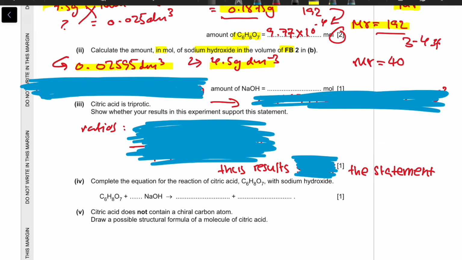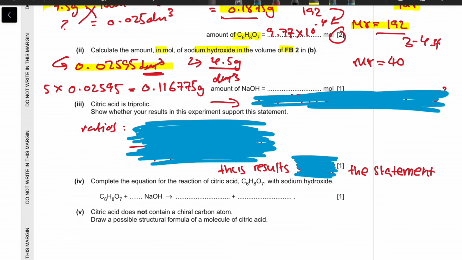Again, we would multiply them together, because really 4.5 grams per decimeter cubed is equivalent to 4.5 grams divided by decimeters cubed. Multiplying by this decimeters cubed will cancel out the decimeters cubed, and we'll end up with just the grams. So that would end up giving us 0.116775 grams.